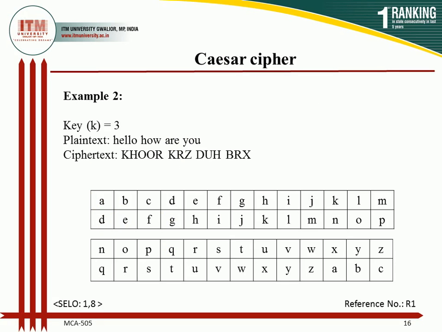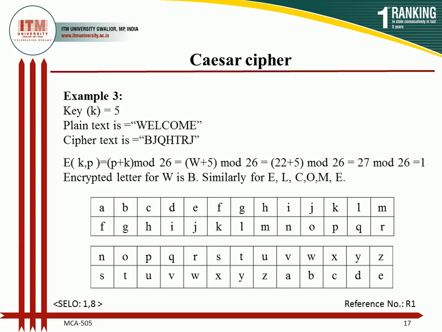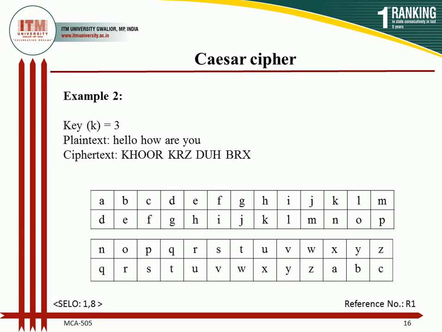Now we have a question which gives the actual plain text message. How will we convert it? As we can see here, this is the plain text message, and now we will convert it into ciphertext, and the value of the key given is 3. It means you have to shift 3 places.